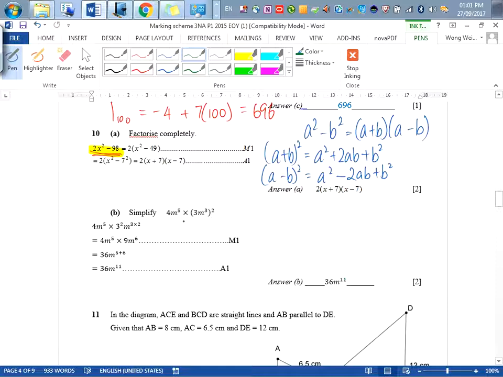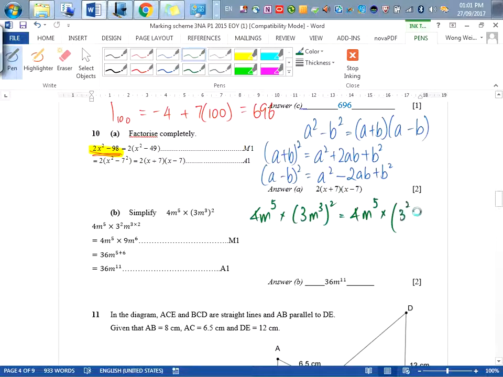Okay, so 4m to the power of 5 times (3m cubed) squared. Let's focus on the second one first. I just copy my first one, 4m to the power of 5 times, okay, what is (3m cubed) squared?